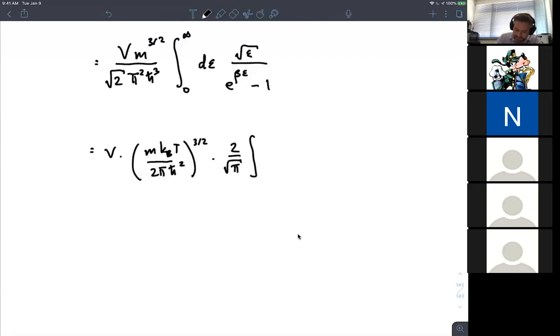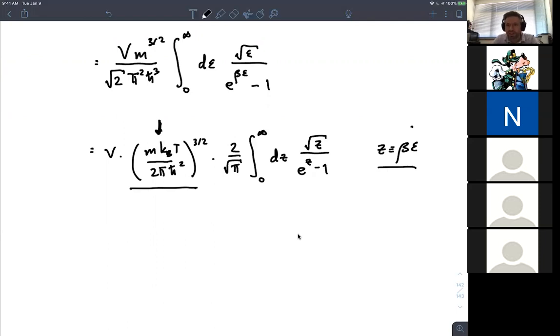And then you're going to ask me, where does this m k_B T come from? Well, where that comes from is I'm again going to change variables. I'm going to rewrite this in terms of a variable called z, where z is defined to be beta e. I make this change of variables, and when I do that, this factor of beta comes out here in the front, right? So I wind up with this.